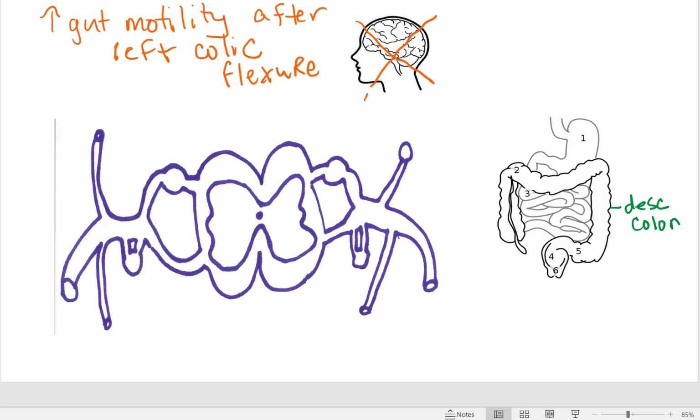And I'll remind you, right here is the left colic flexure. So if I want to increase gut motility for the descending colon, I need to use my spinal cord picture.